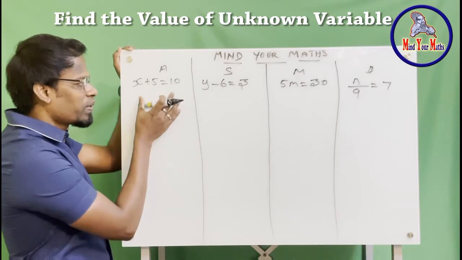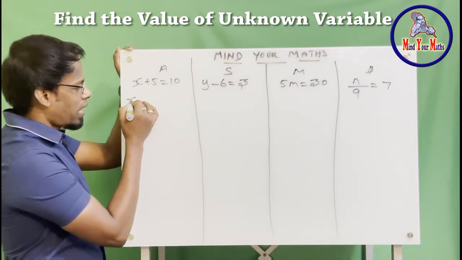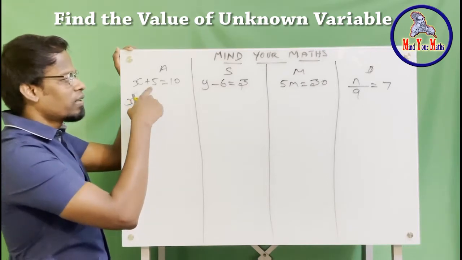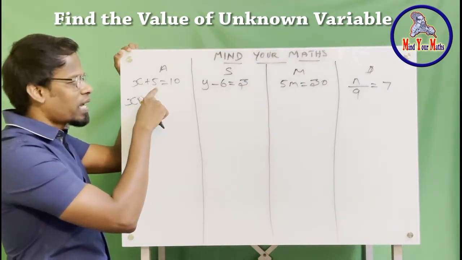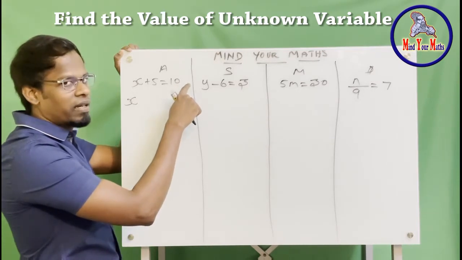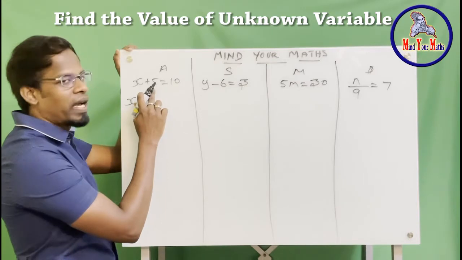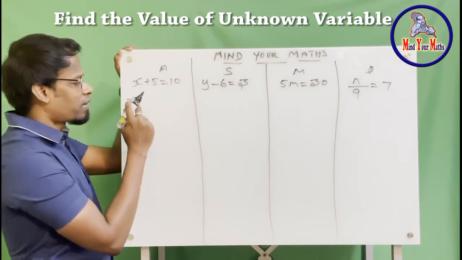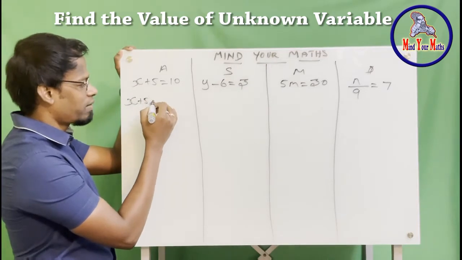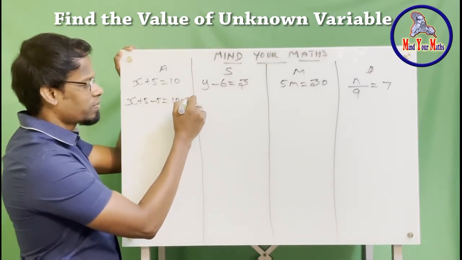To simplify this, we can just subtract 5 from this side and also 5 from that side. So the equality is not changed, but on this side the 5 gets cancelled and only the x remains, right? I'll write it here. x plus 5 minus 5 equals 10 minus 5.